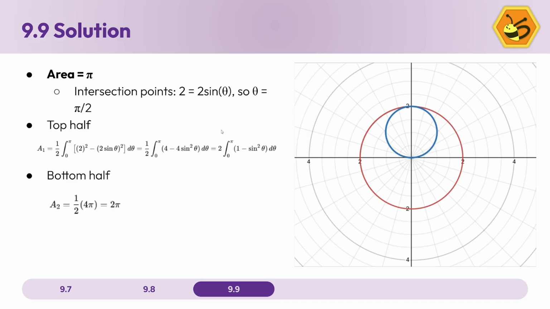Sorry, I lost my train of thought. Oh yeah, I was talking about the limits of integration. In this case, we can still go from 0 to 2 pi or 0 to pi, and we shouldn't have any problems.